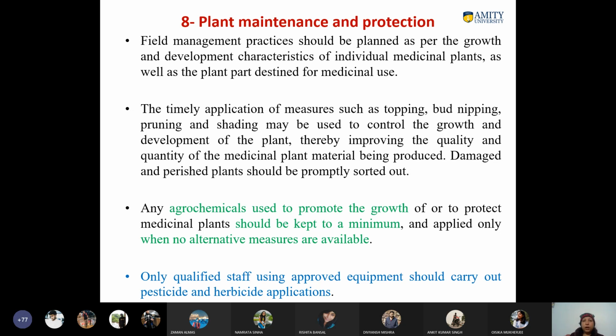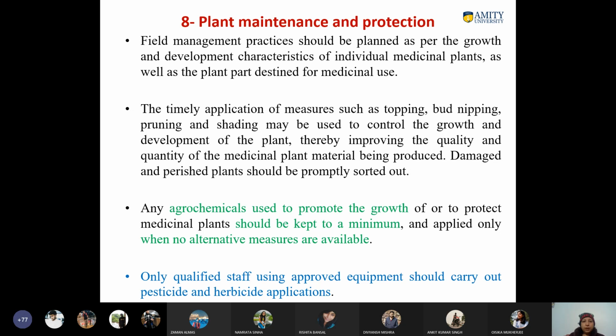Unless it is very necessary, you are not allowed to use these agrochemicals, and only qualified staff who have a good knowledge of these plant protection measures should be allowed to carry out these pesticide and herbicide applications, so that the pesticide or herbicide is sprayed neither in too large an amount nor too small an amount. So all the staff handling your plant maintenance should be well qualified.